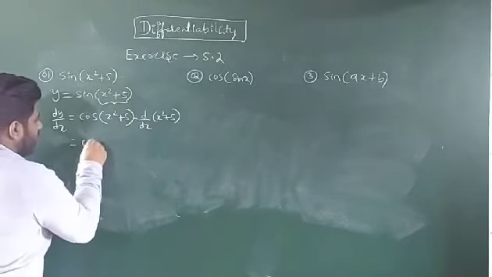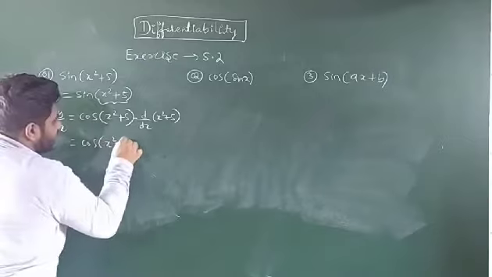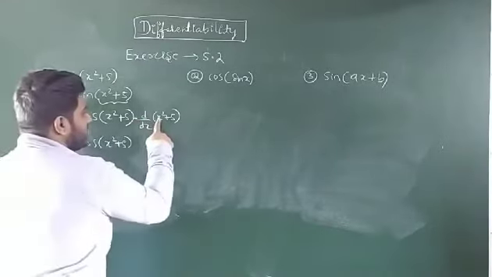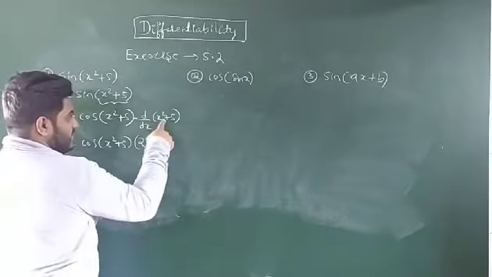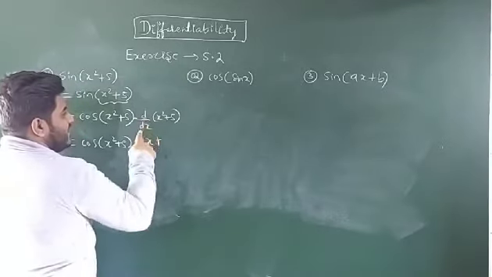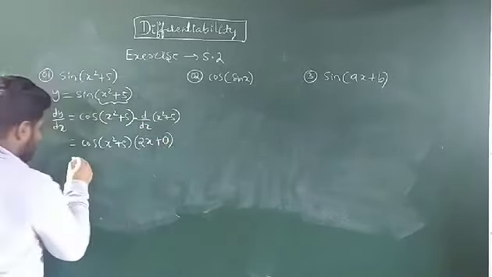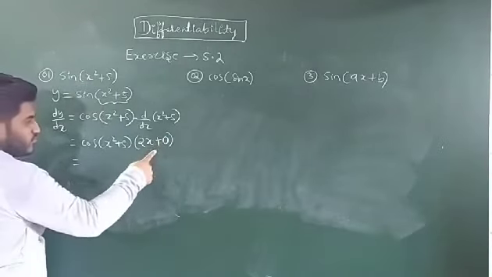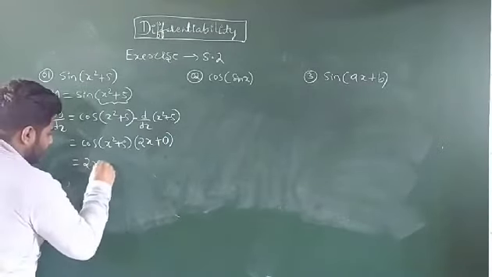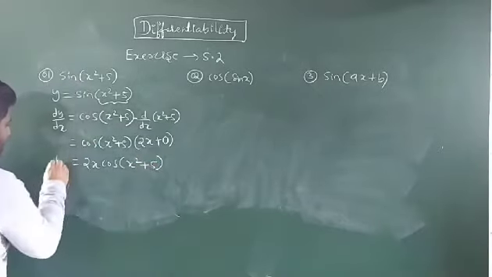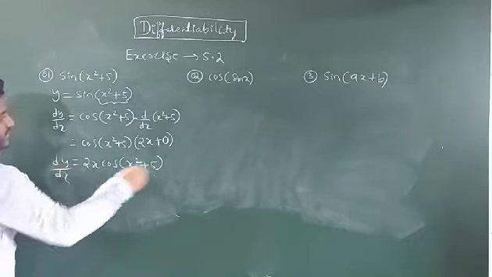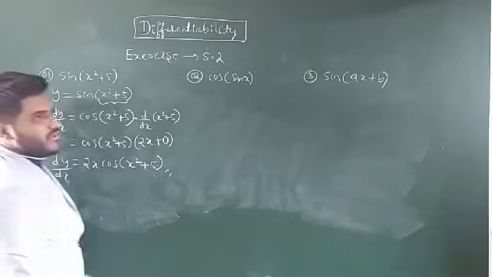Nothing but cos of x square plus 5. This is the chain rule, right? Differentiation of x square is 2x. The plus sign is there, write a plus sign. Differentiation of 5 is 0. So totally we get 2x plus 0, which is 2x. So 2x into cos of x square plus 5 is the derivative of the function sine of x square plus 5.